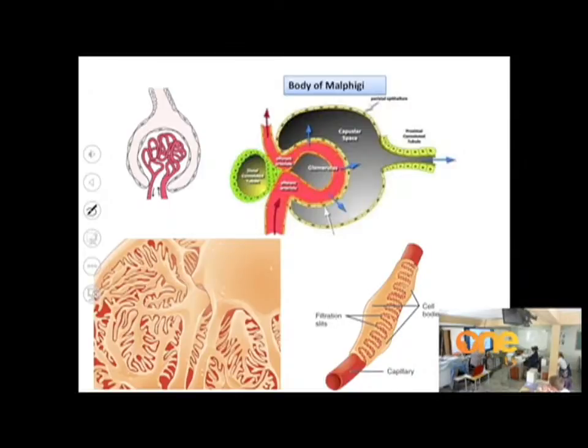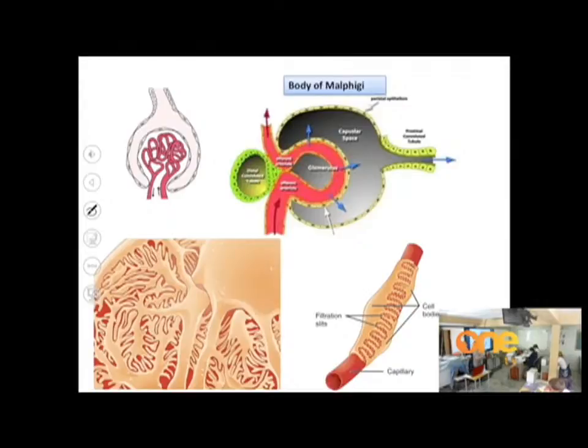And they make little slits to make sure only the tiny parts can filtrate through there. It's not a hole where everything can be pressed through. It is an opening, but this opening is closed by the podocytes in order to make sure that really no plasma proteins, no red blood cells, no white blood cells can enter the tubules of the nephron.